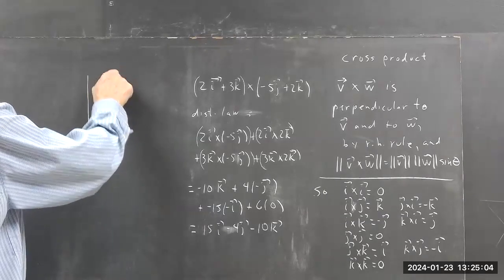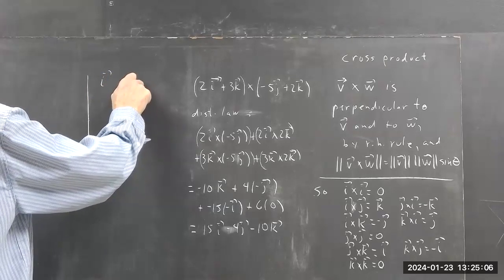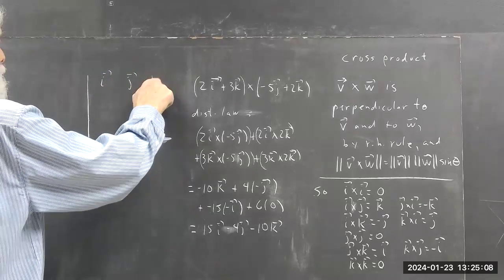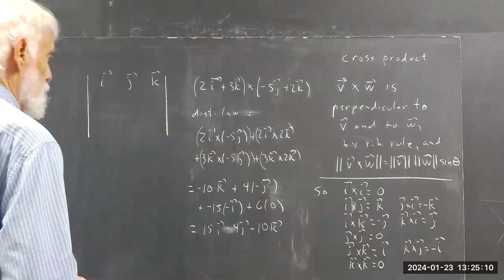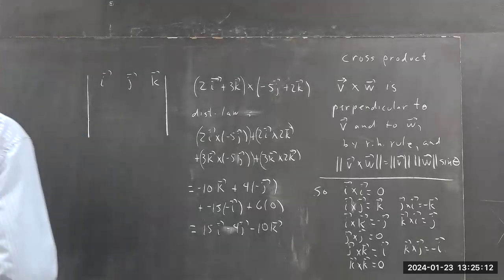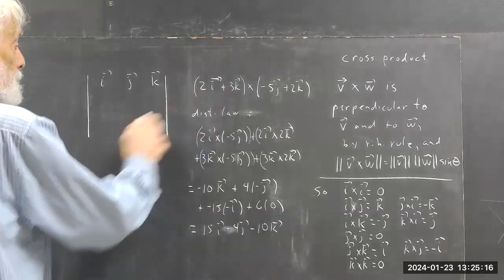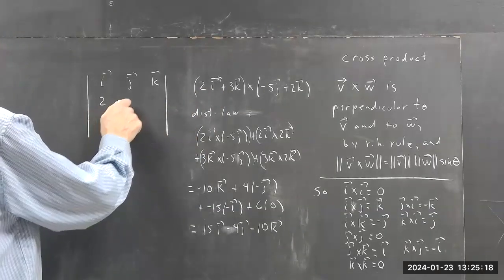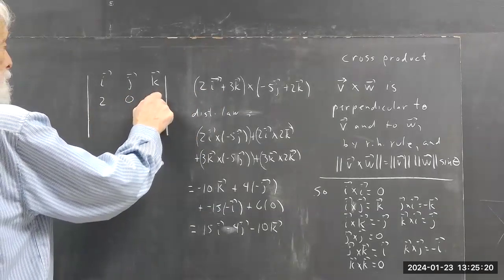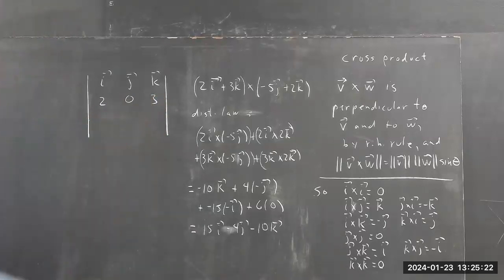Now, to write the determinant for these vectors, I can start the first row with I, J, K. And then the second row will be the components of this vector. The I component's 2, J component's 0, the K component is 3. Makes sense so far?